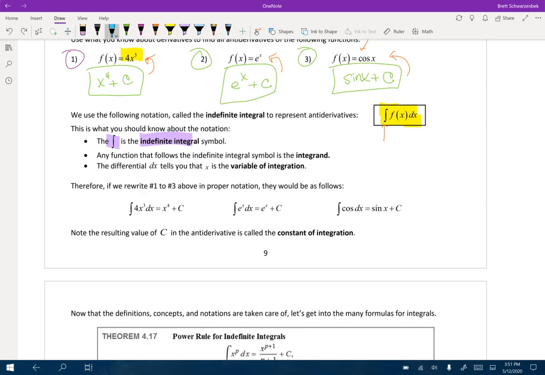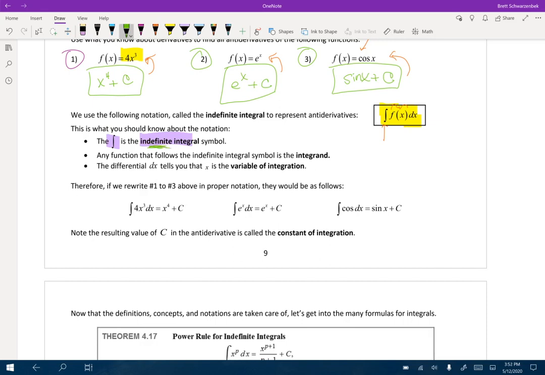We say a function that follows an indefinite integral symbol is an integrand. So you're not going to use this term very often, but this is called the integrand. And note that I did say this was an indefinite integral symbol. We are going to be covering definite integral symbols later.